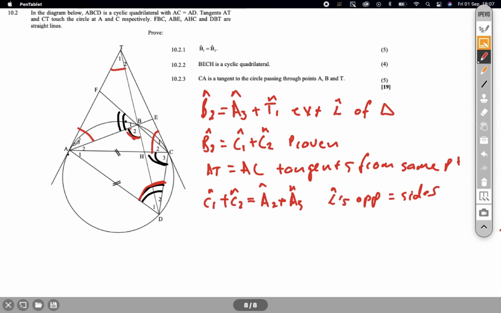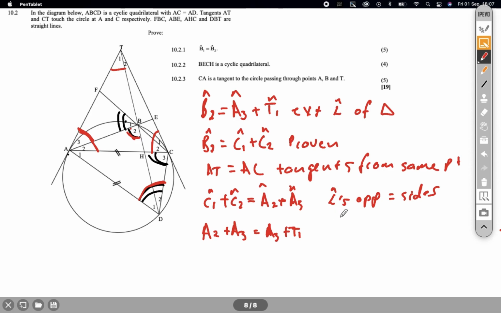So this C1 is equal to this A2 plus A3. But now also A2 plus A3 is equal to A3 plus T1.